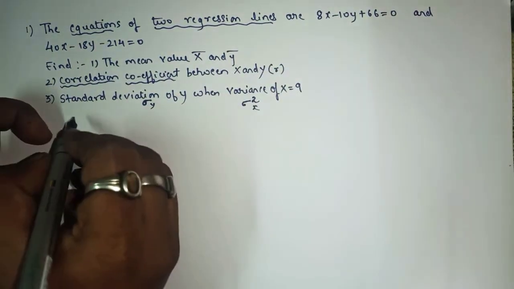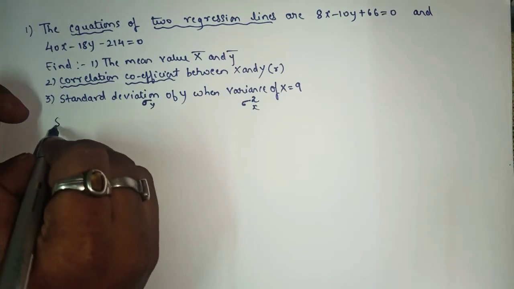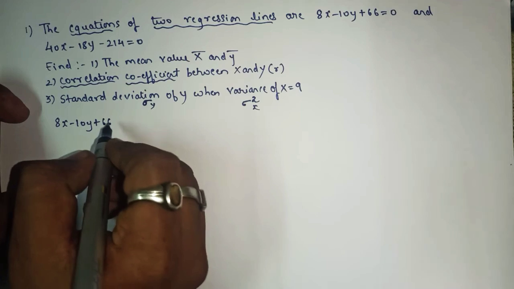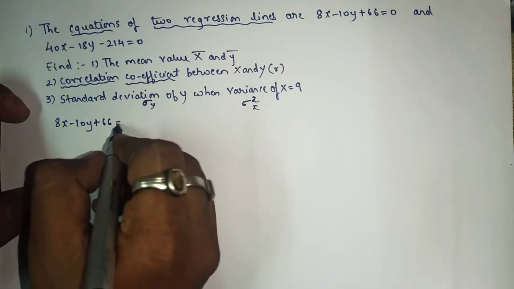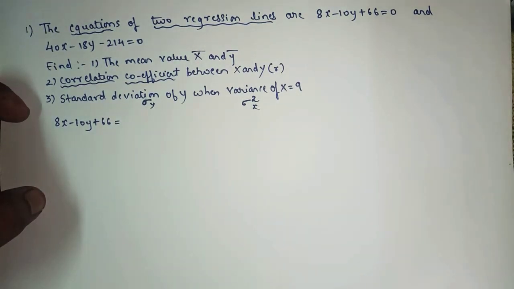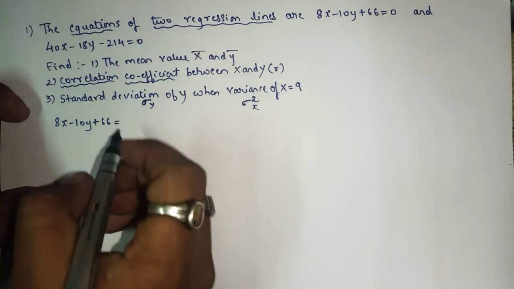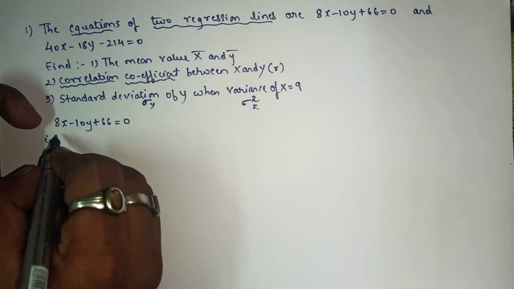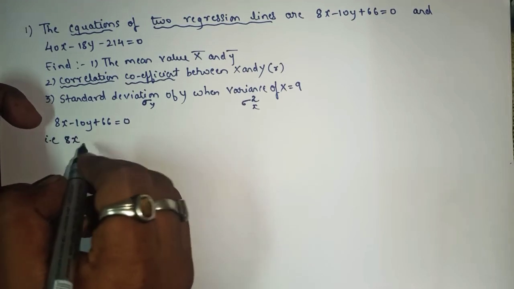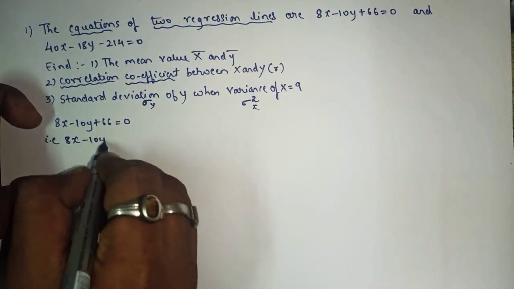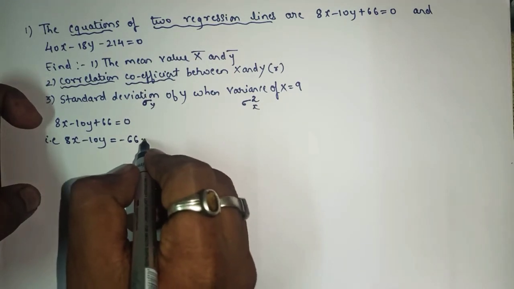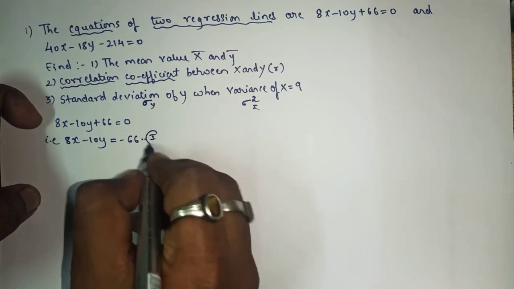So here I will write the first equation, plus 66 equal to 0. I will arrange this equation with the alphabet on the left hand side and the number on the right hand side. We'll call this equation number 1.